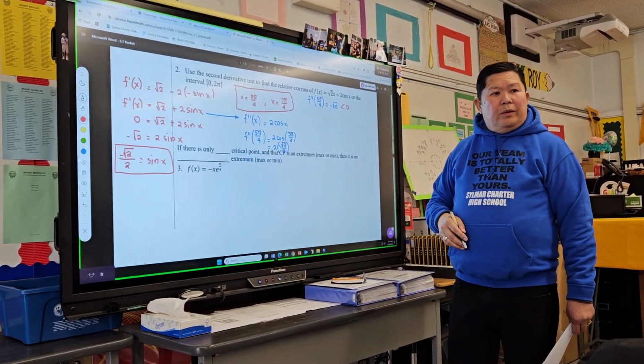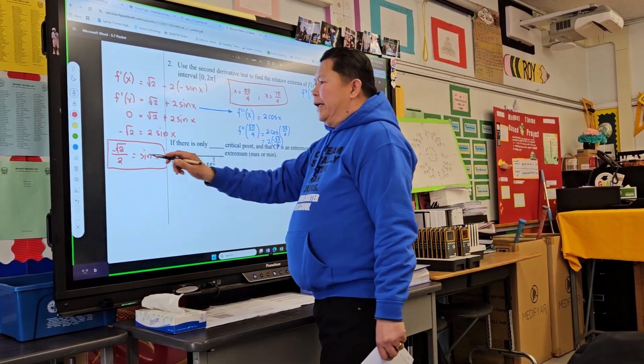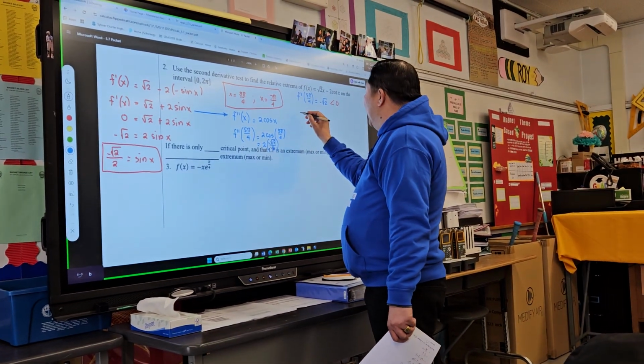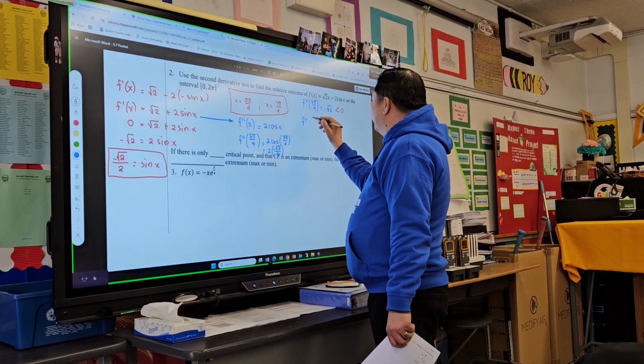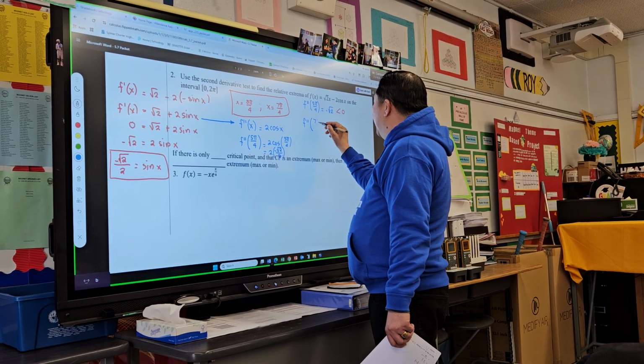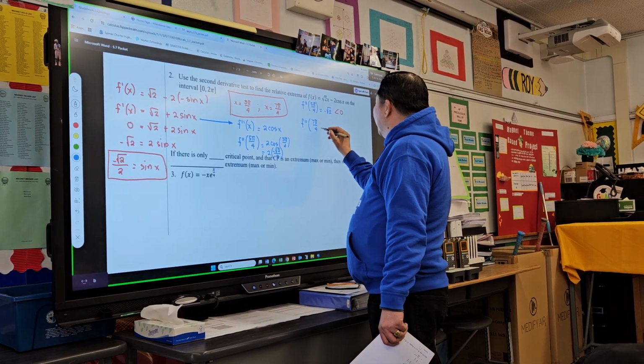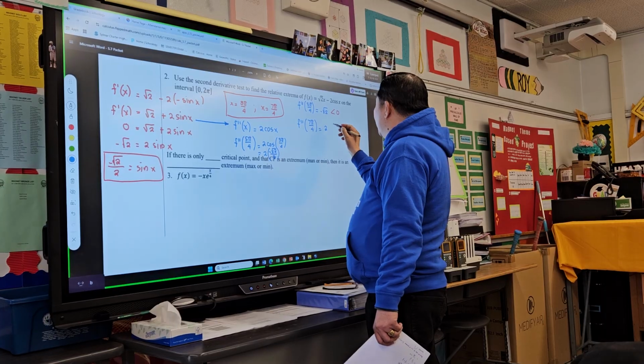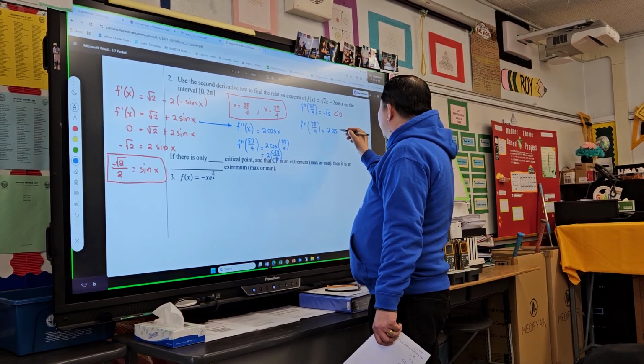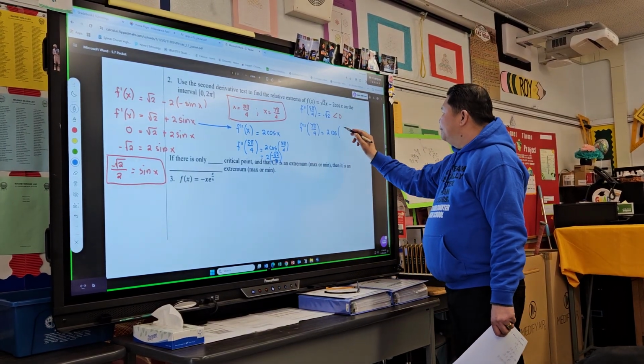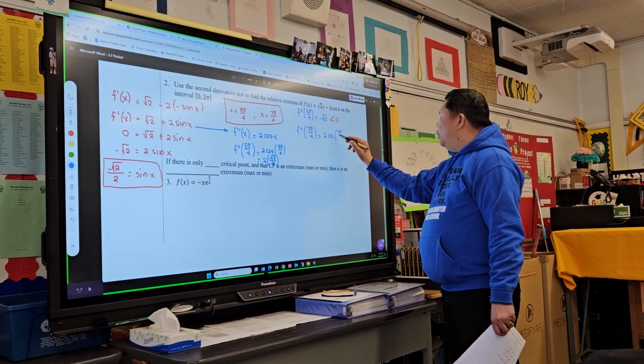Next, what to do next? Plug in 7 pi over 4. So f double prime of 7 pi over 4 is equal to 2 cosine 7 pi over 4. But what is cosine 7 pi over 4?